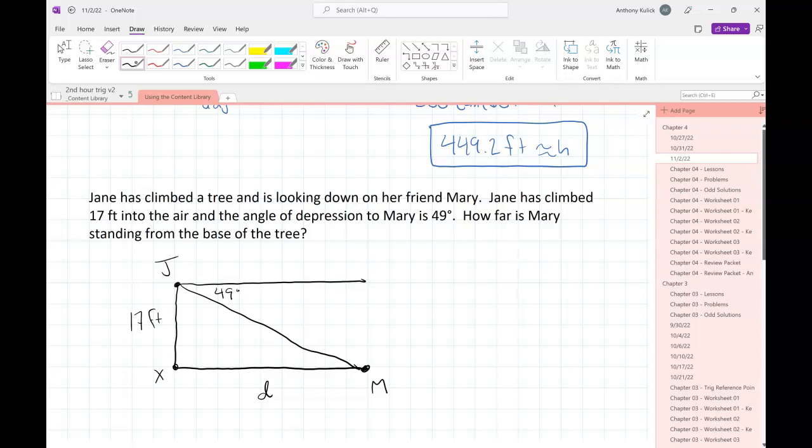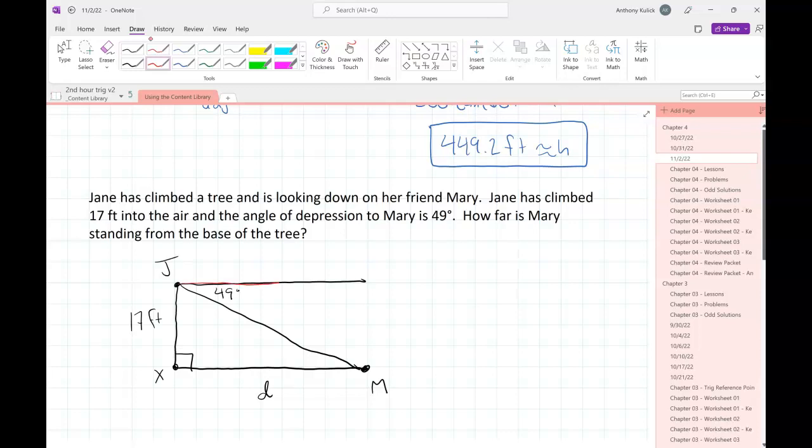So we have two options here. Well, there's one other assumption that we can make here. It's a right angle because trees usually grow straight up and down. Okay. So two options here.